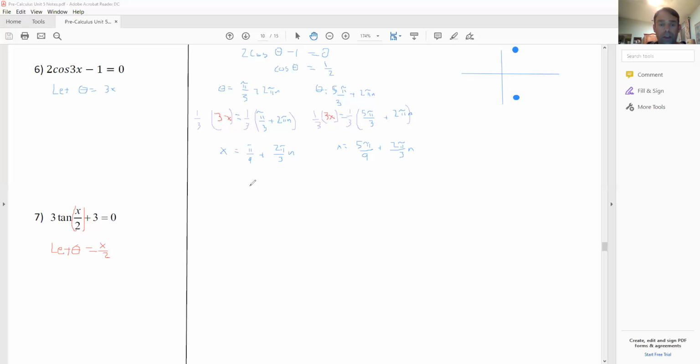So that means 3 tan of theta plus 3 equals 0. So tangent of theta is equal to -1. So we think here, when is tangent on the unit circle equal to -1?